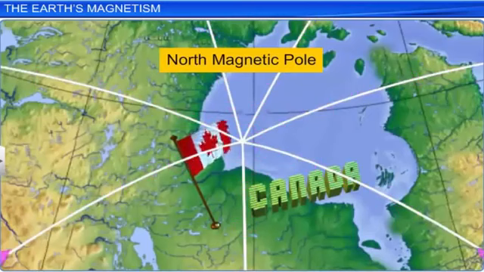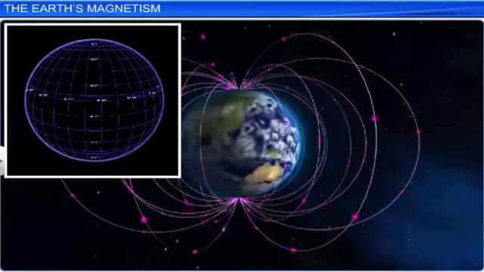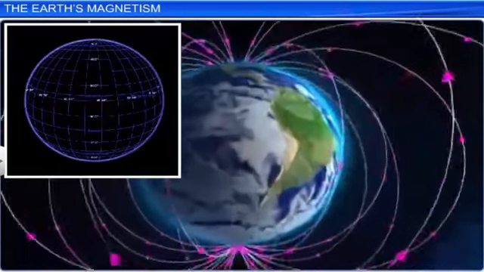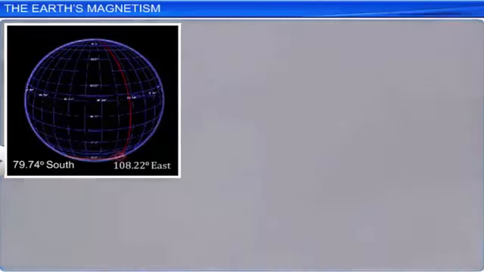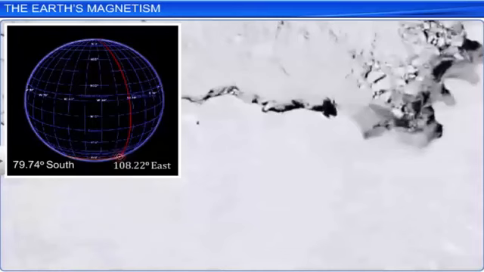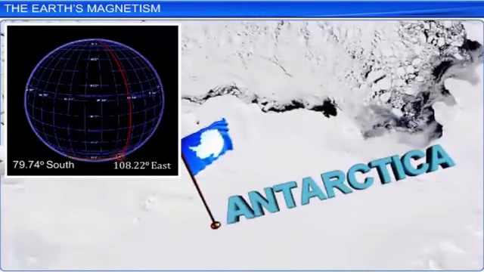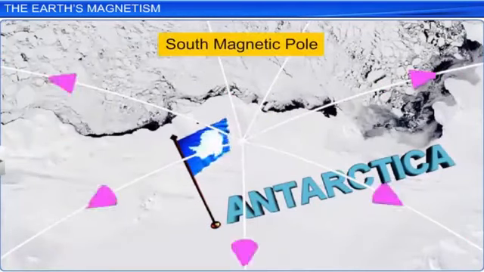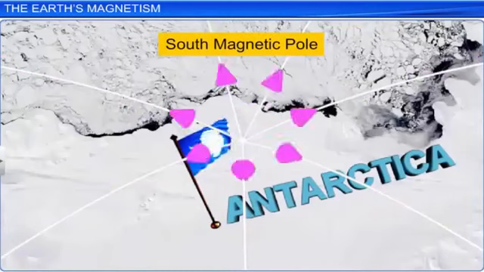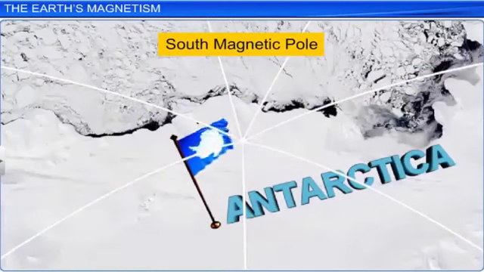Earth's magnetic field lines enter the Earth near this pole. Another magnetic pole is located at latitude of 79.74 degrees south and longitude of 108.22 degrees east, a place in Antarctica. This pole, which is located near the geographic South Pole, is called the South Magnetic Pole. Earth's magnetic field lines leave the Earth near this pole.